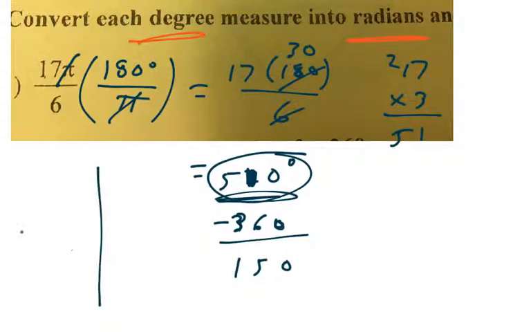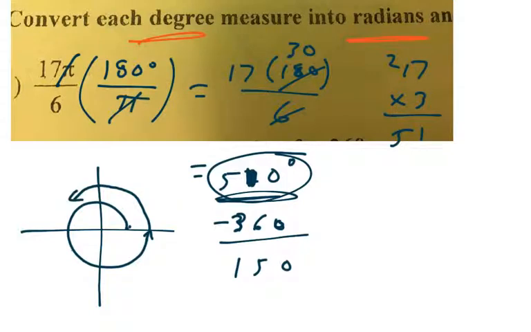So if you needed to know what 510 really meant again, you would do a full loop, because that would be 360, and then you would go another 150. So you would be over here with basically 30 degrees as your reference angle. Okay? But you would go a 360 plus another 150. Okay, that's probably more than you needed to know, but that's good to know.